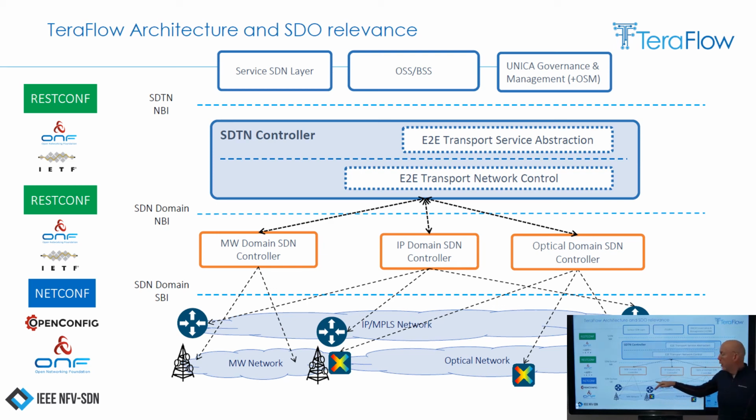And those will then program the different network layers. Maybe overlay will be a packet overlay IP/MPLS network, as well as the underlay. So it could be fixed WSON technology or variable or FlexiGrid optical technology. And then maybe some radio aspect as well, which could be traditional devices, or it could be some disaggregated equipment.